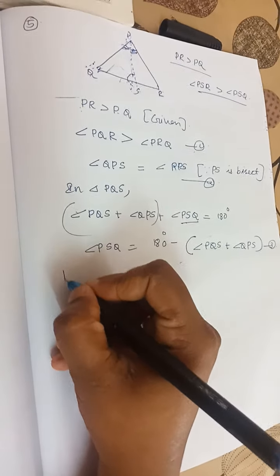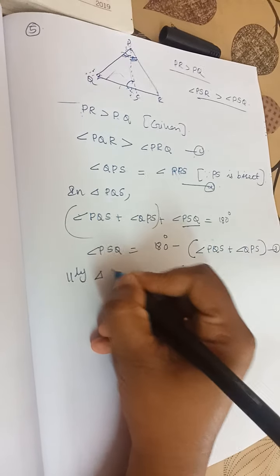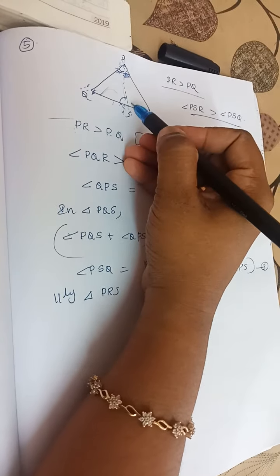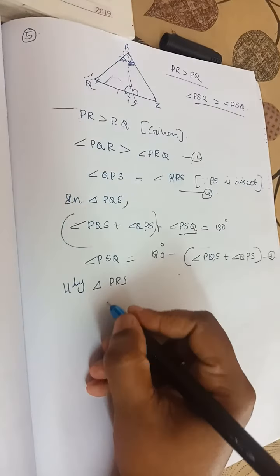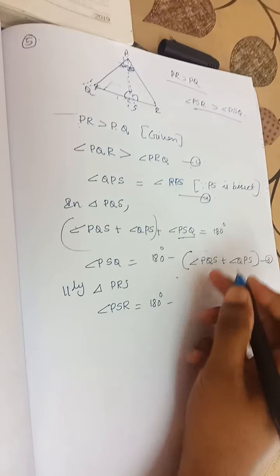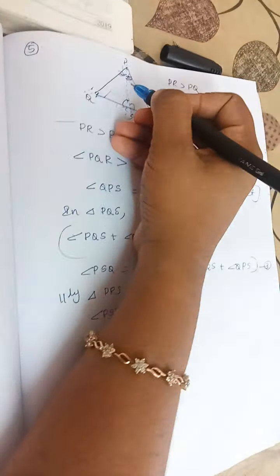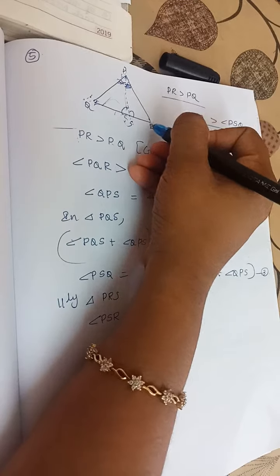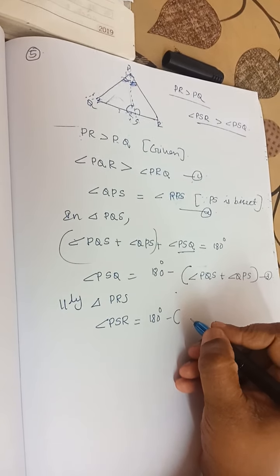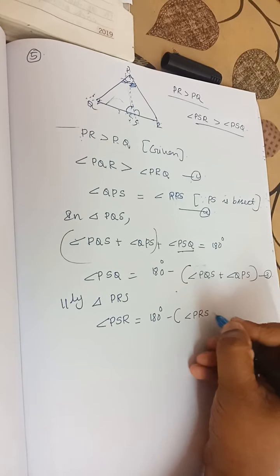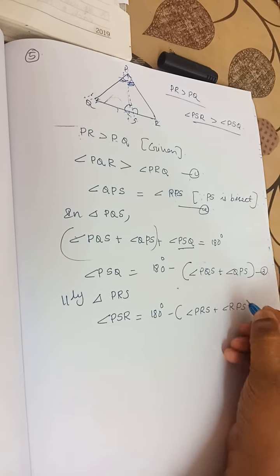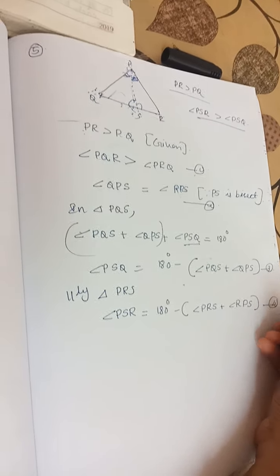Next, similarly in triangle PRS, I am going to calculate angle PSR. Angle PSR we can write as 180 degrees minus the remaining two angles, PRS plus angle RPS, and I am putting it as equation number 4.